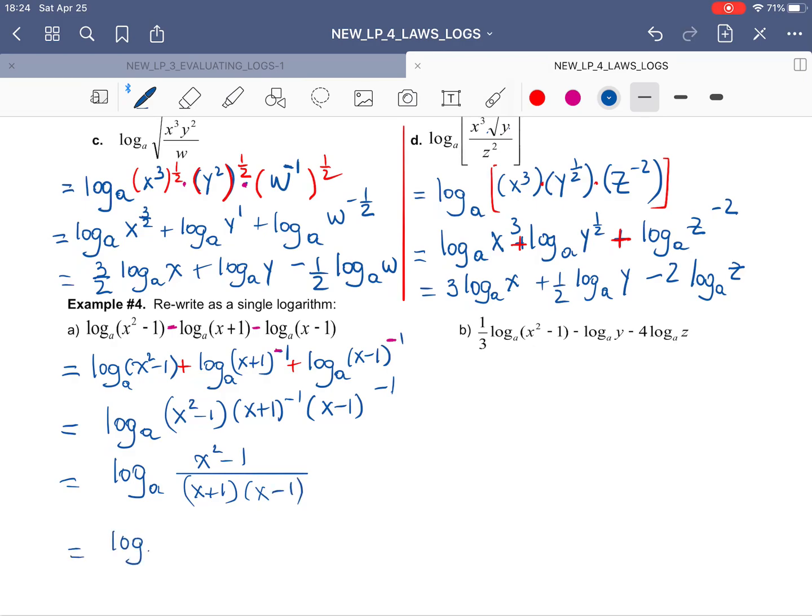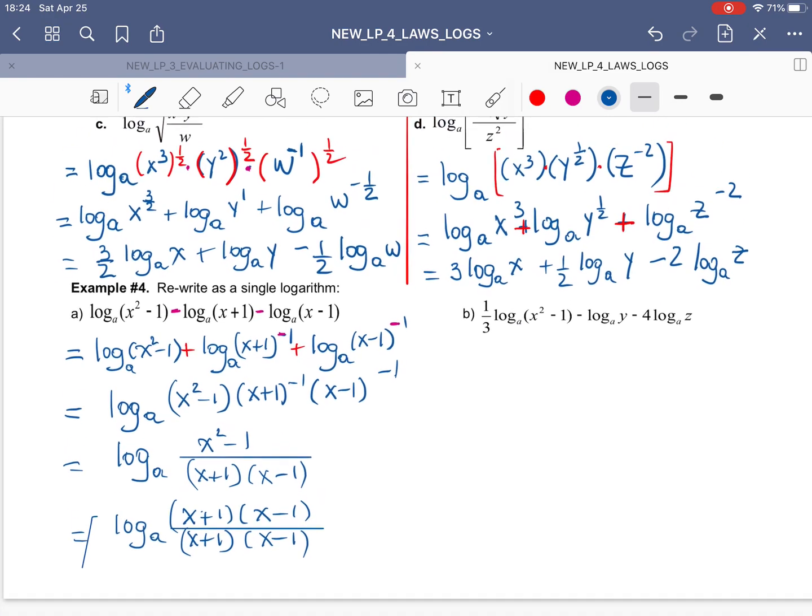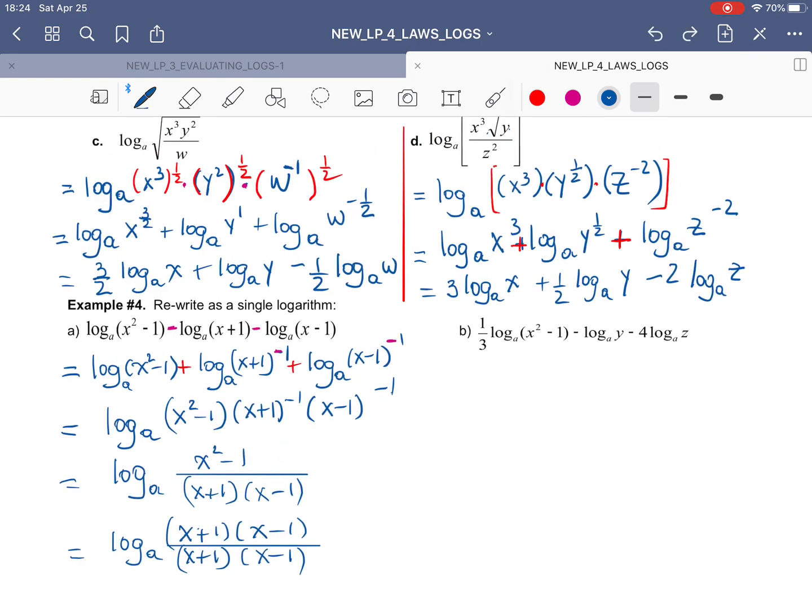So that would equal log with base a of x plus 1 times x minus 1 over x plus 1 times x minus 1, surprise, surprise. So that would be log with base a of number 1. Even better, this is 0 actually.